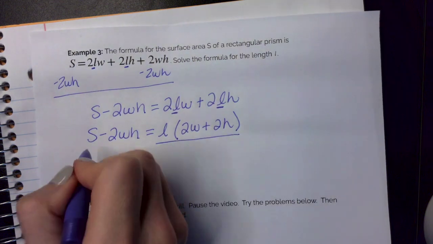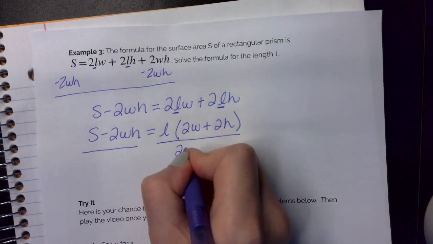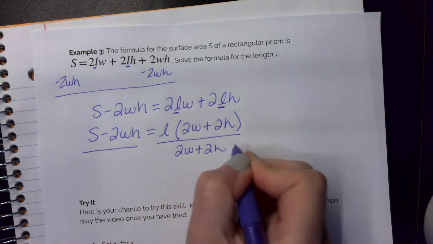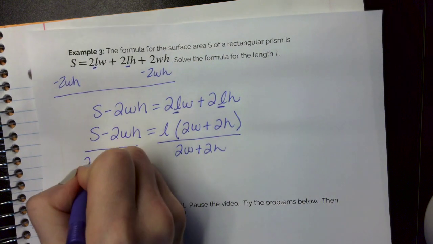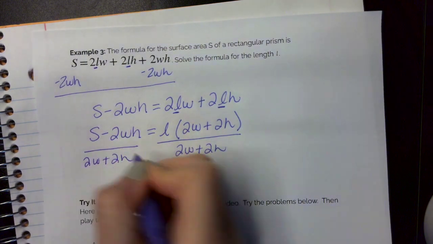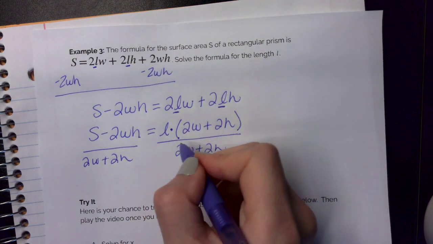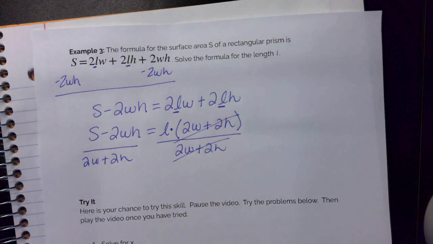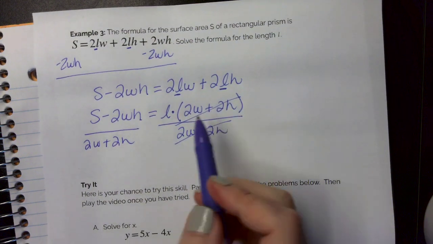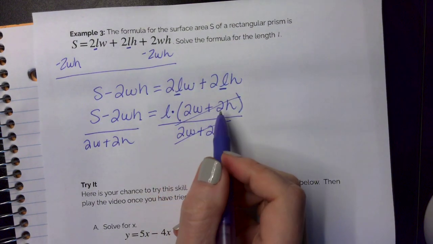And I can divide by 2W plus 2H, right? Because this is being multiplied, so when I divide it, they have a common factor of that term.